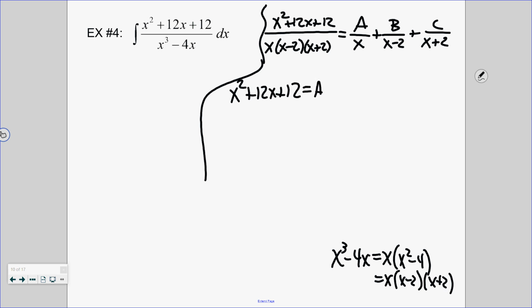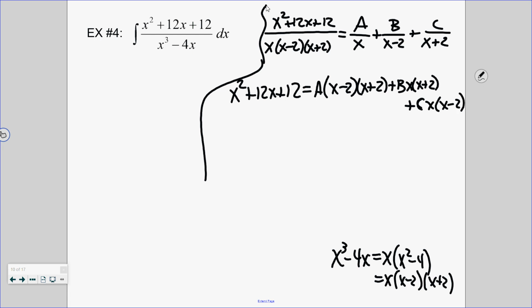This time you have 2 factors left that you cannot get rid of for each of these. And I ran out of room here. Plus c times x times x minus 2.